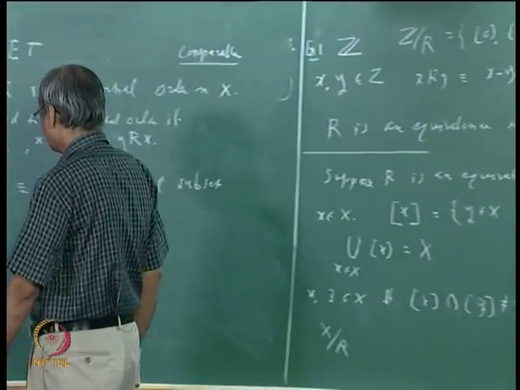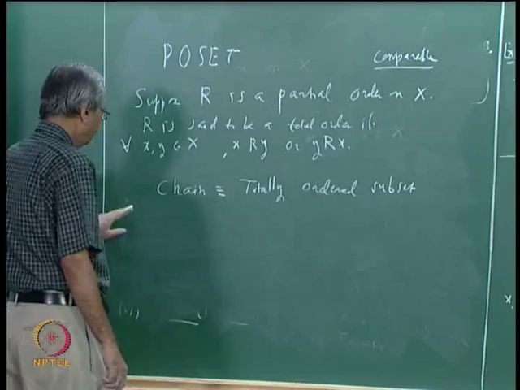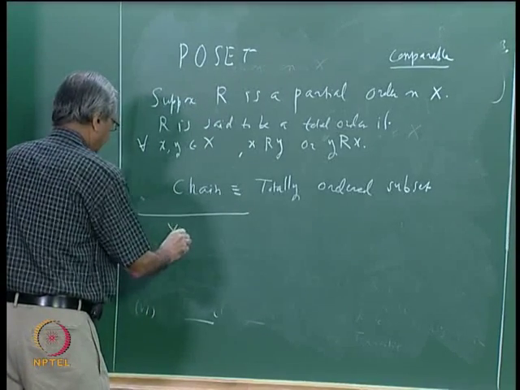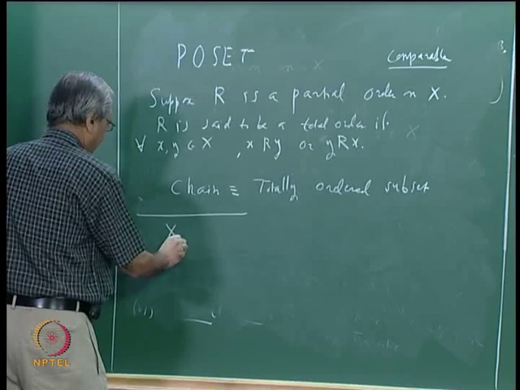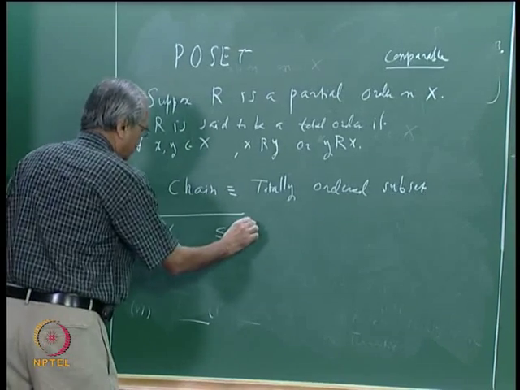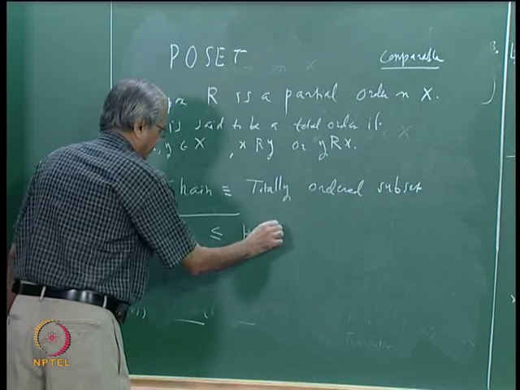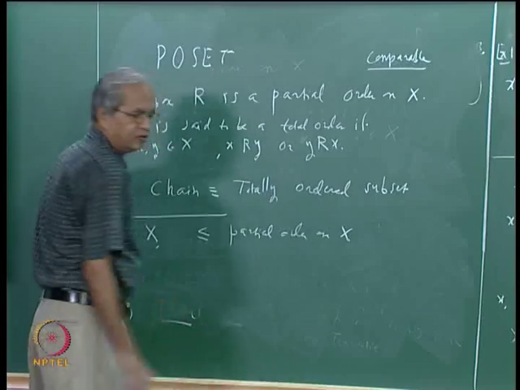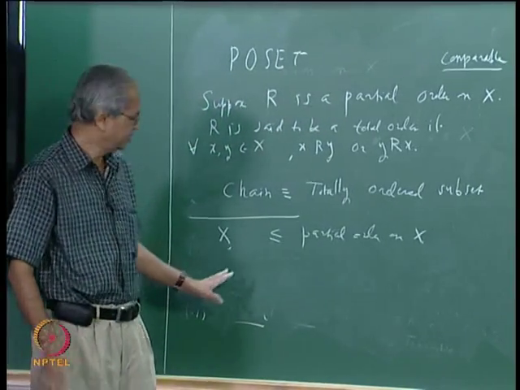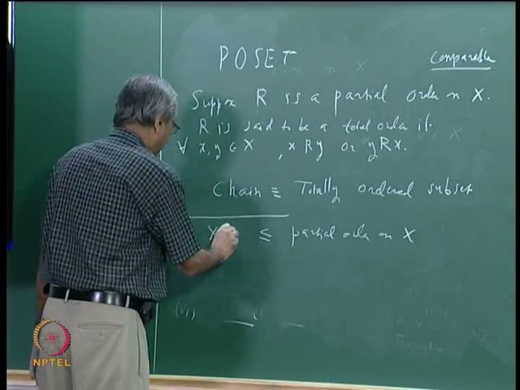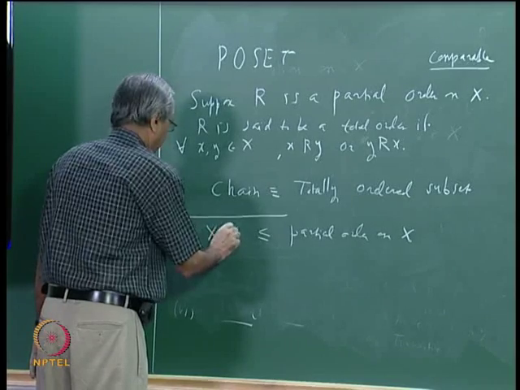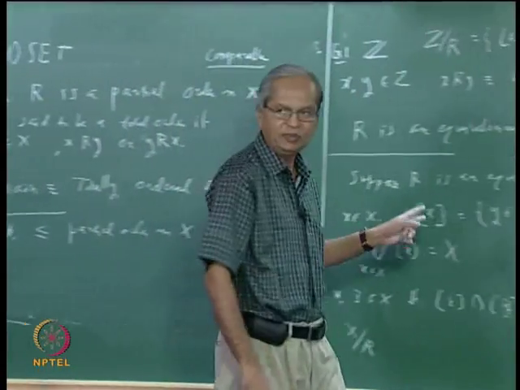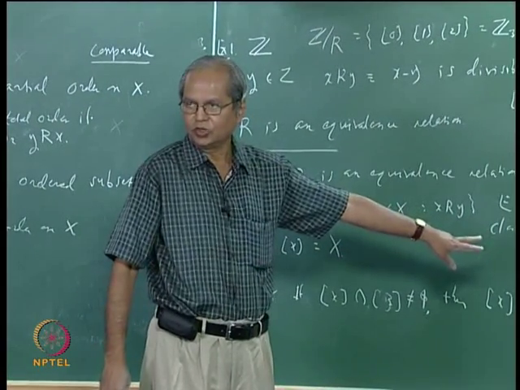Now we shall use some more standard terminology. Let X be a non-empty set, and let this symbol denote a partial order on X. Of course, you should not confuse this with less than or equal to, though I am using the same symbol; it can be any partial order.